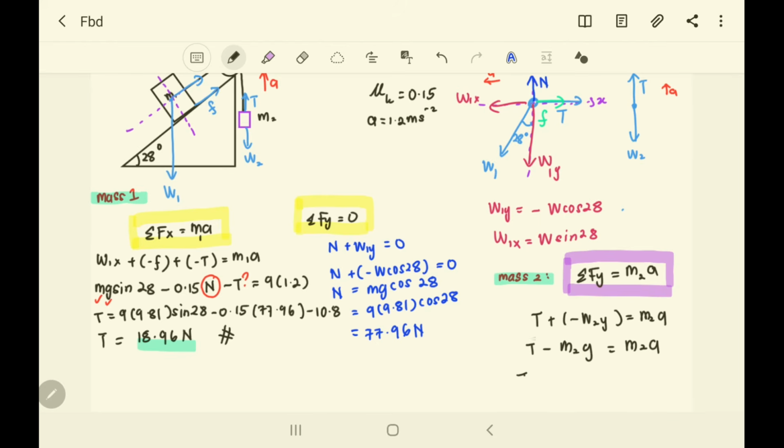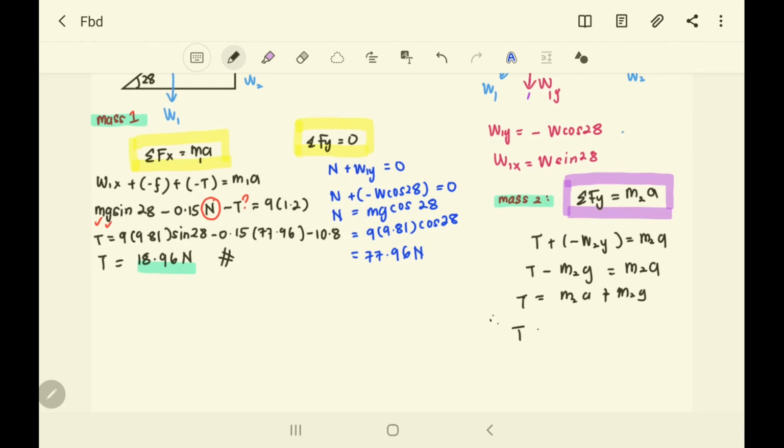Therefore we can factorize the mass because we want to find M2. T is equal to M2 times a plus g, and M2 is equal to T over a plus g.